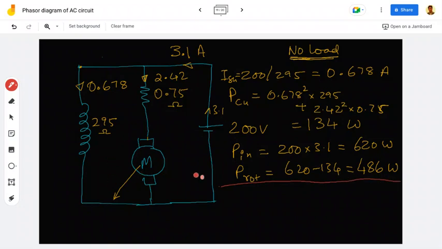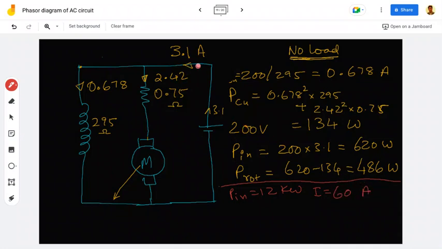I'll just change the color. How do I select and delete? No, that is just text. Anyway, I will write it here. With input power of 12 kilowatt, the current is 12,000 divided by 200, which is 60 amperes.